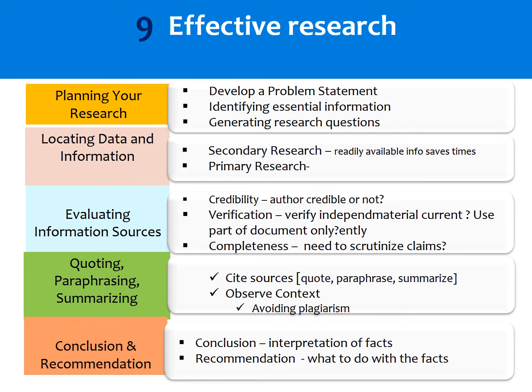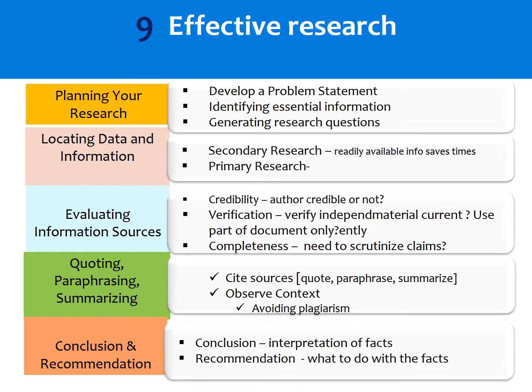The third one is evaluating information sources. So in here we're looking at credibility. Okay, so we have the information via secondary research. So how do we determine the credibility of the research? So we do verification. We can do it independently.